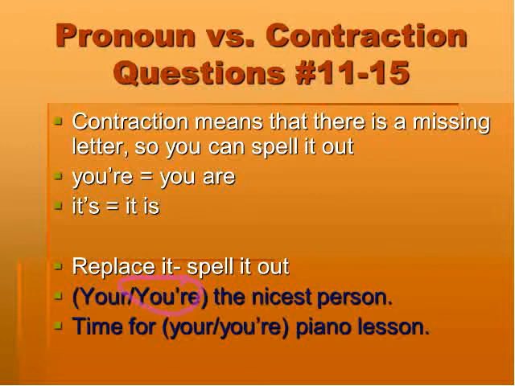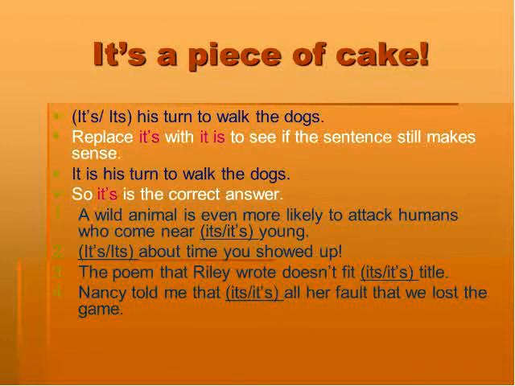Time for yours. First or second? First. Yes. Your piano lesson. Good. Yes. So I want you guys to practice 1 through 4 on your own. We'll do this one quickly. So just make sure for this part you're going to spell it out.